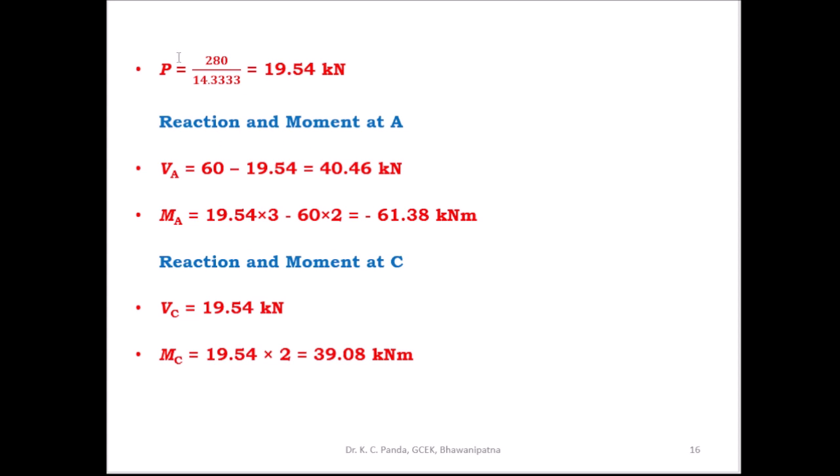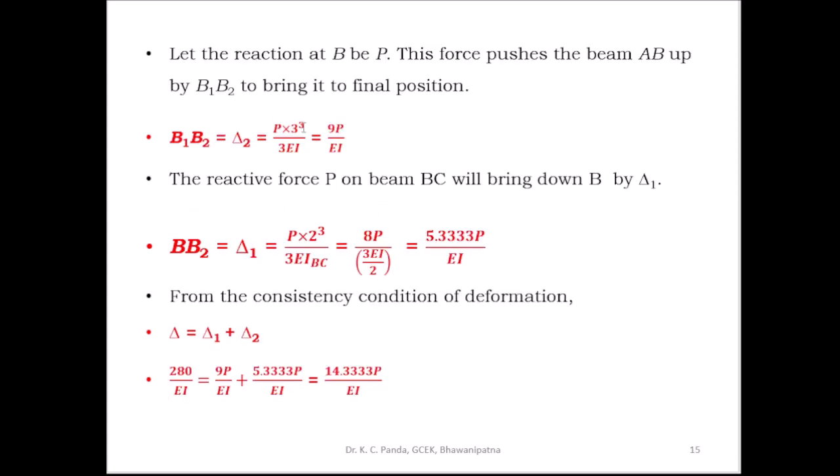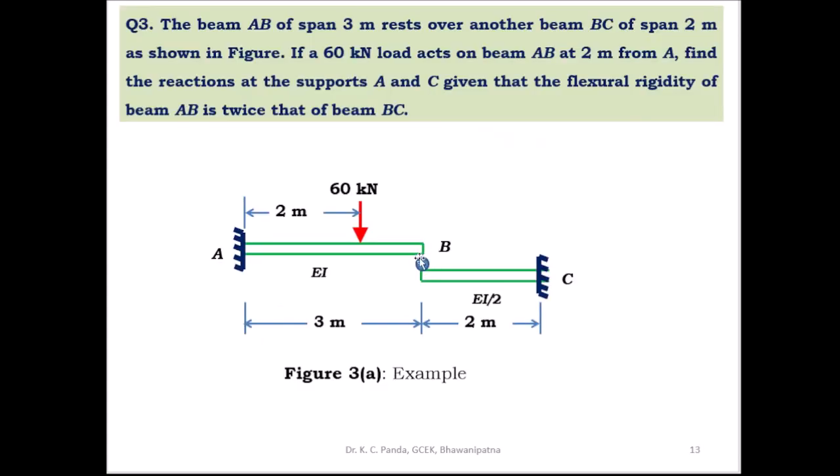Then after knowing the force P, what force is acting on AB and what force is acting on BC, you can find out the reaction at A, the moment at A, and similarly the reaction at C and the moment at C. For AB this force is acting upward, and for BC this is acting downward.